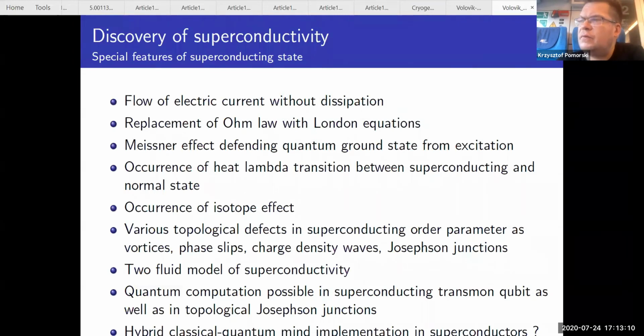So rapid single quantum flux electronics managed to construct logical circuits that are very energy efficient.